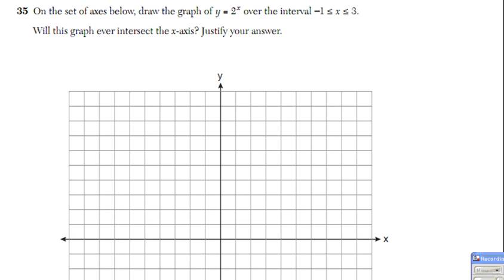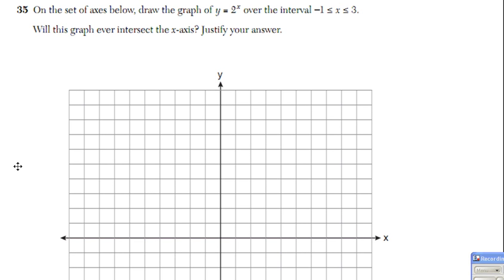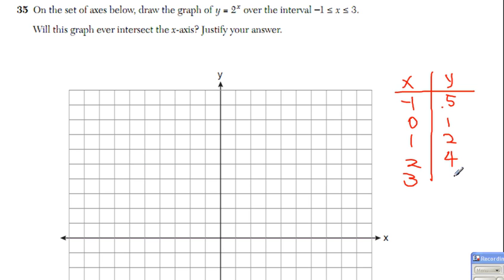Number 35. Here, when you make a chart, x and y, when x goes from -1, 0, 1, 2, 3. You can plug these values in place of x using your calculator. Then you'll be getting something like this. When x is -1, we will have 0.5. And then 1, 2, 4, 8.